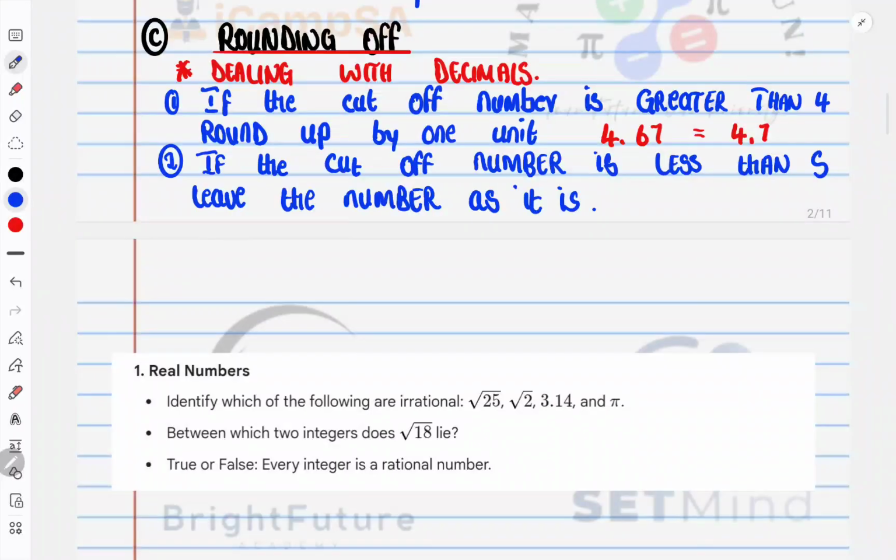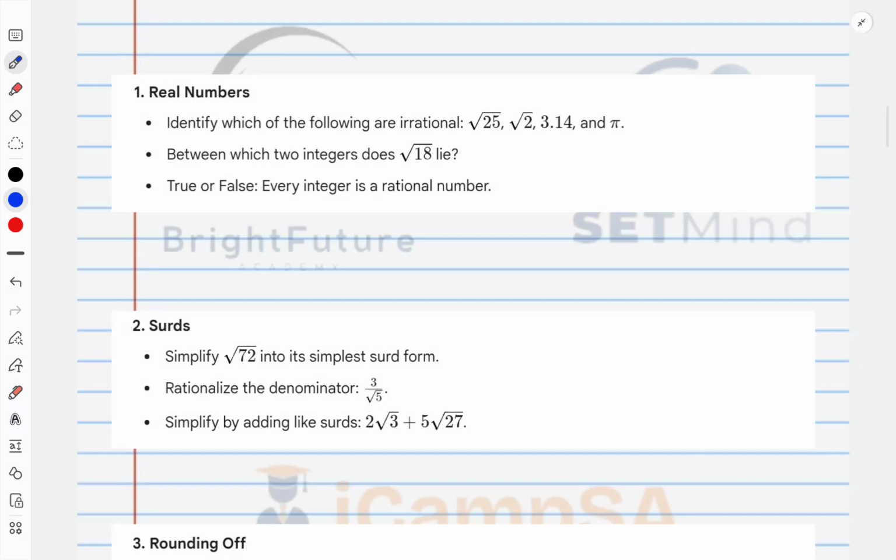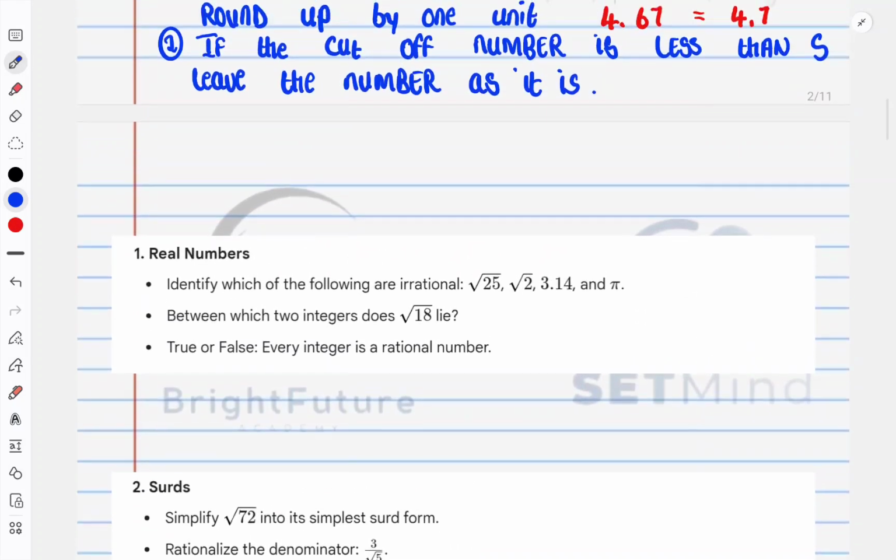Meaning if the cutoff number is 4, 3, 2, 1, we simply leave the number as it is.